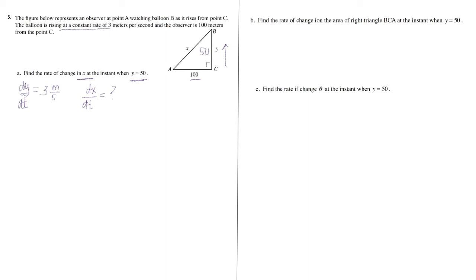All right, so let's go ahead and find that missing side here. That's going to be a right angle. So be careful in assuming we don't know what that hypotenuse is. We know x squared is going to be equal to 100 squared plus 50 squared. So x is going to be equal to the square root of 100 squared plus 50 squared.